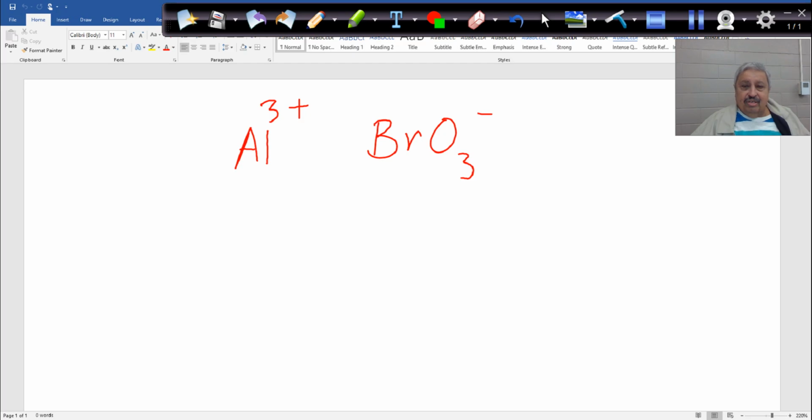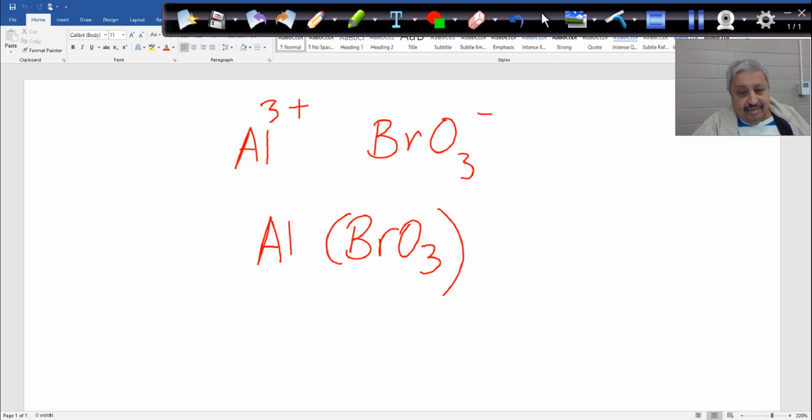Okay, guys? So what will be the combination of this one metal element with this polyatomic ion? I have to put parentheses: Al, and then the whole polyatomic ion in parentheses, and the 3 will come all the way down as the subscript, correct?